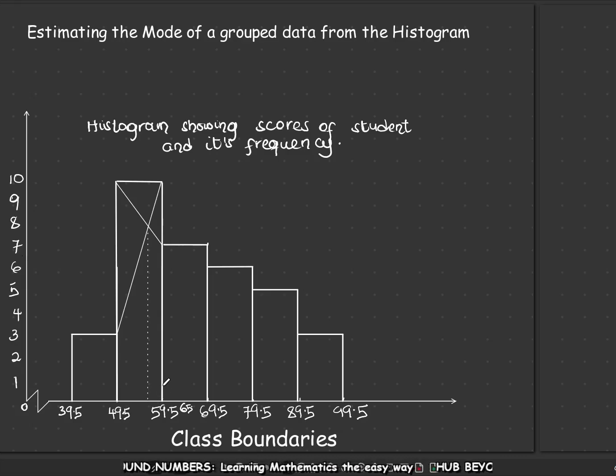And that is going to be my mode. For the one I'm using for the illustration, per my calculation, the mode is going to be 57.